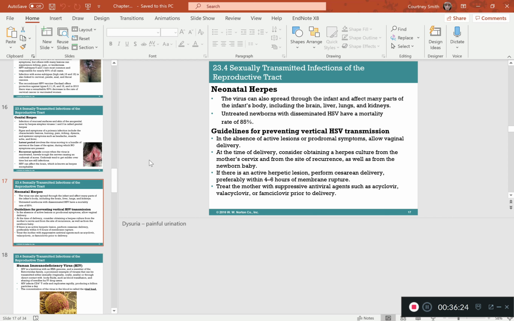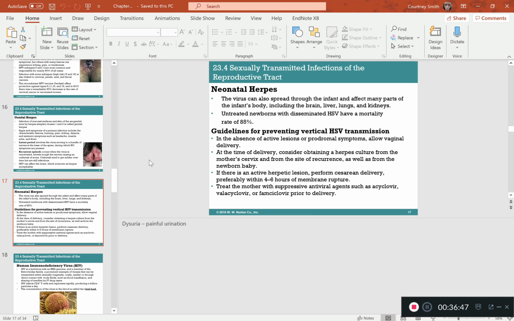But the general rule for mothers that have genital herpes, they can give a vaginal delivery without complications, almost normally, assuming that there are no active lesions or any underlying symptoms, as well as the herpes culture was negative of the mother's cervix.